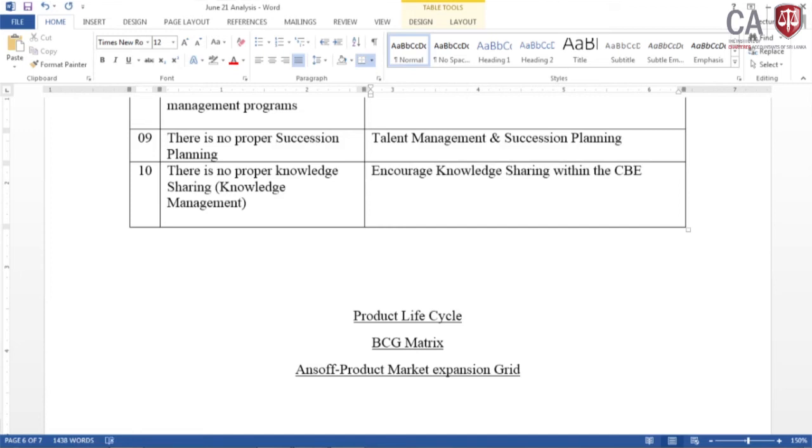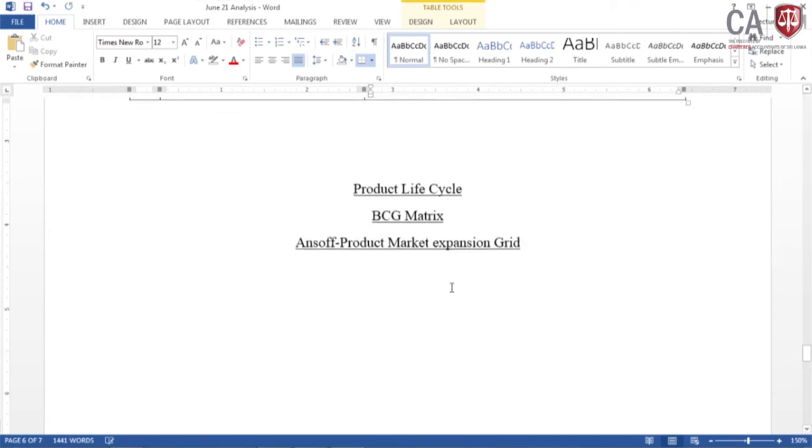Then anything else, knowledge management system: you can implement a knowledge management system within the organization. That is another solution. Right.